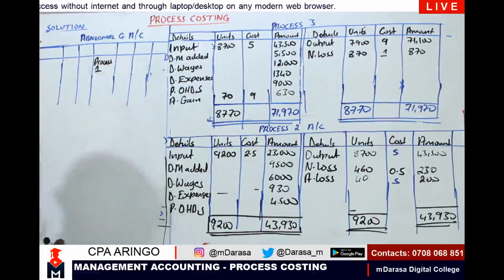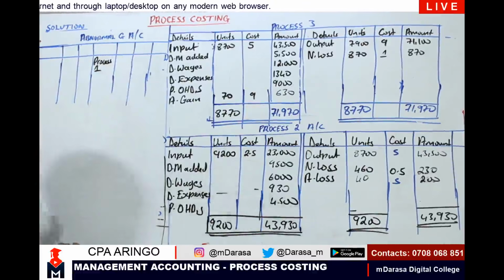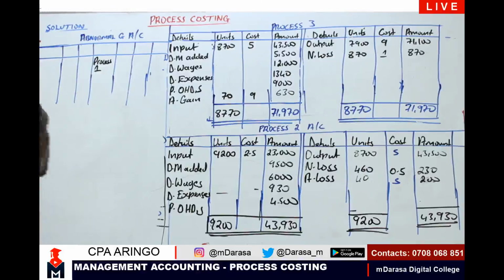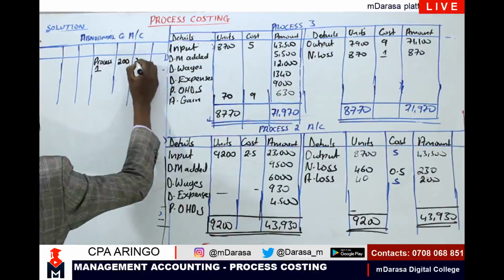Abnormal gain, we are given a figure of how many units. If you can go back to the video that we did, we had determined the abnormal gain to be a figure of 200 units, which in that case was valued at 2.5.